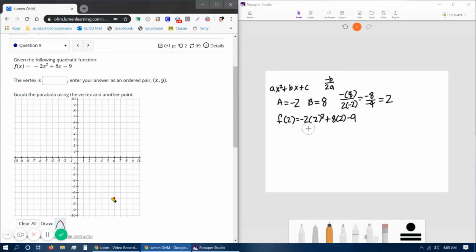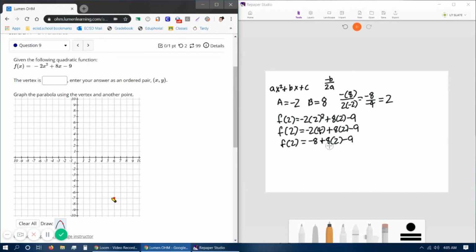In order of operations, exponents come first. 2 squared will give me 4, so I'll have f of 2 equals negative 2 times 4 plus 8 times 2 minus 9. Next, I'll do my multiplication and division from left to right. First, I'll multiply negative 2 and 4, giving me f of 2 equals negative 8 plus 8 times 2 minus 9.